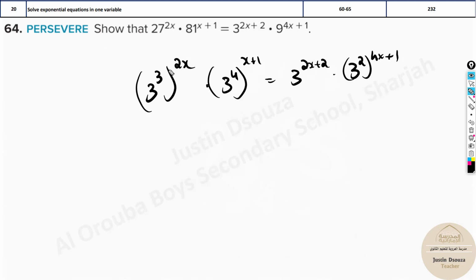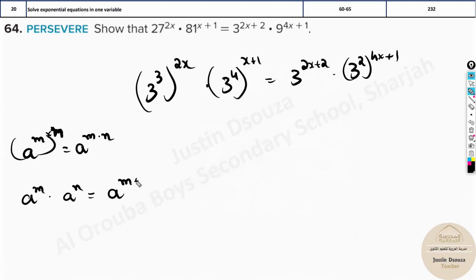Now we can simplify the powers. I will write something over here. If you have a to the power m, the whole to the power n, and if you have a to the power m multiplied by a to the power n, the difference is that over here you multiply the powers. When it is power to power, it is a to the power m times n, whereas over here you add up the powers, m plus n, when the base is the same.